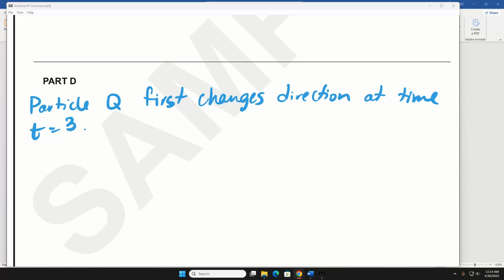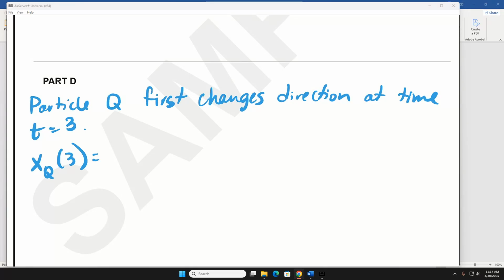All right, and so I want to find the position, which is x, of particle Q at time 3. Now this is a good time to notice that we haven't used something they gave us.